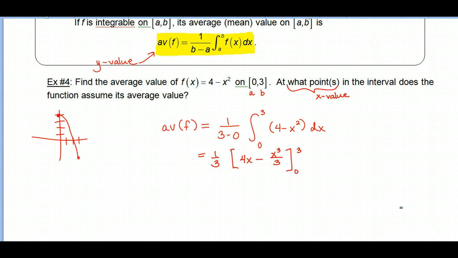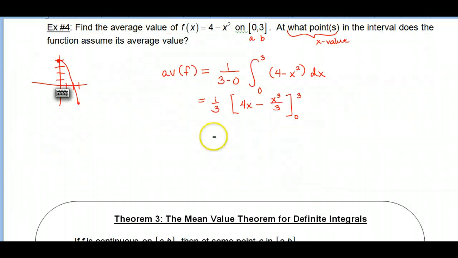You could distribute the 1/3, but I would just multiply it at the very end. Evaluating at 0 gives just 0, so we only need to plug in the 3. So 1/3 times 12 minus 9, which is 1/3 times 3. So we get 1.